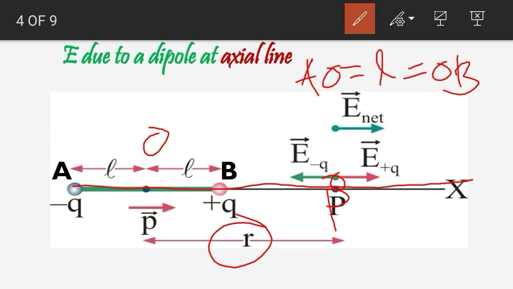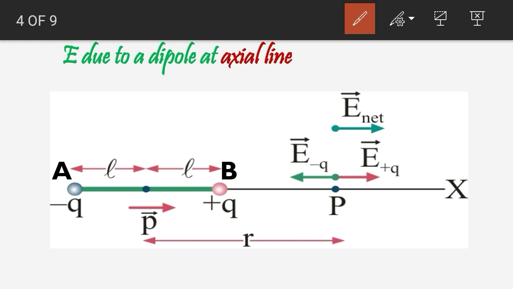Then in this long question, basically we have the task of finding the electric field due to these two charges, negative and positive, at the point P, right? Previously we have already learned how to determine the electric field due to a single charge. Now in this case we are asked to evaluate the electric field due to this combination of positive and negative charges at the point P, right?